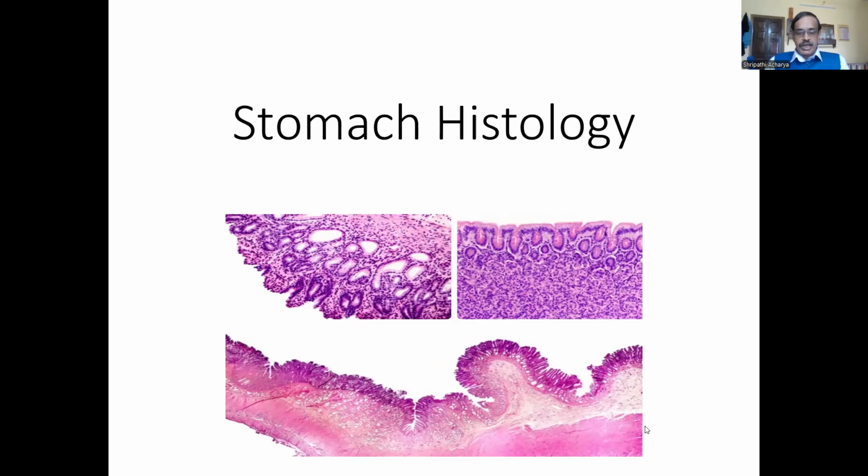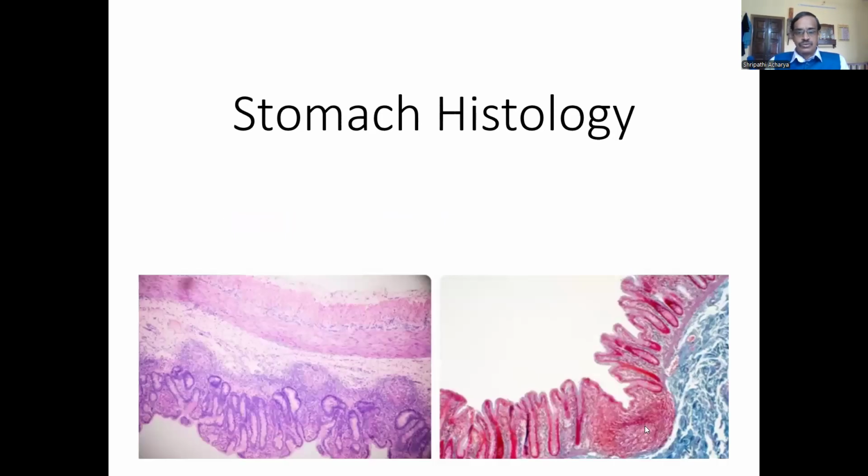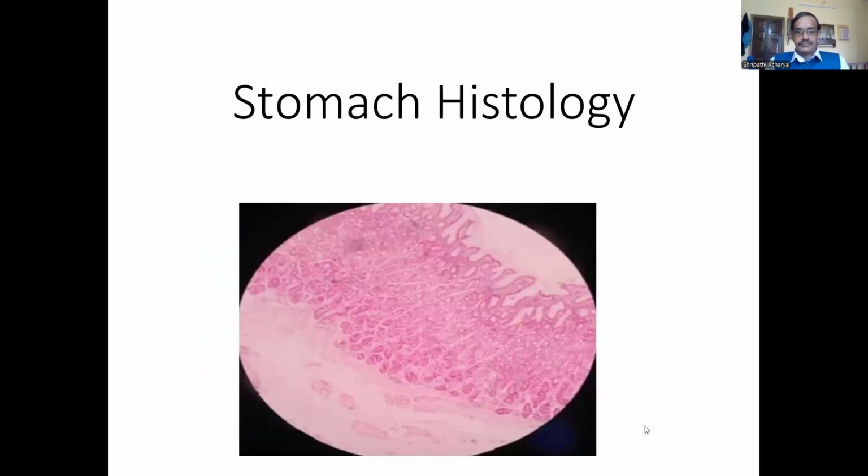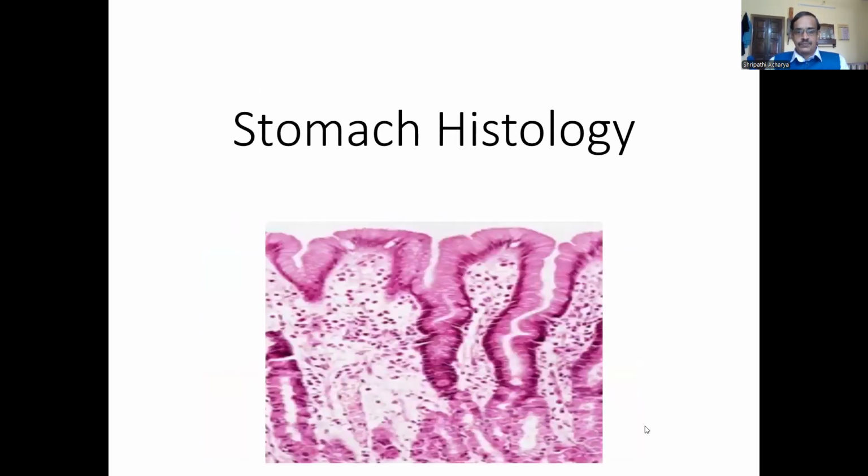You can see stomach glands containing peptic chief cells, parietal cells, and mucus secreting cells. Region-wise, it is structured: body, fundus, and pylorus. You can see gastric pits.